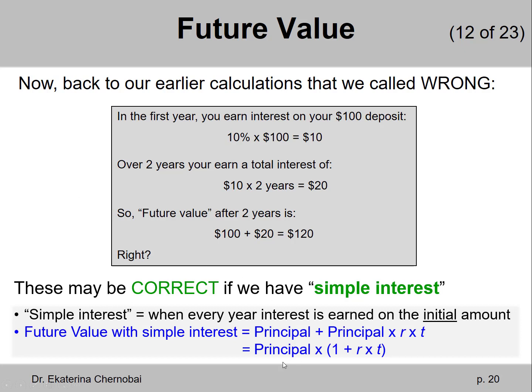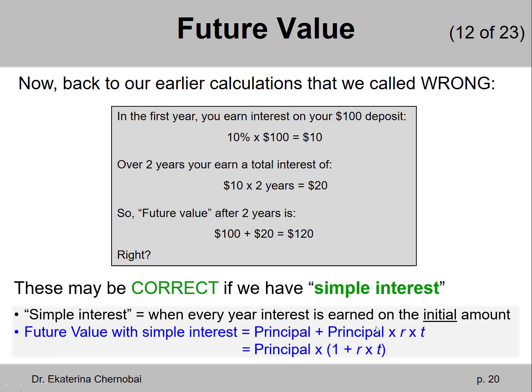And in this case, to find the future value with simple interest, you would need to take the principal amount and add that times the interest rate R, which is the interest amount in dollars, multiplied by T, which is how many years' worth of interest there will be.